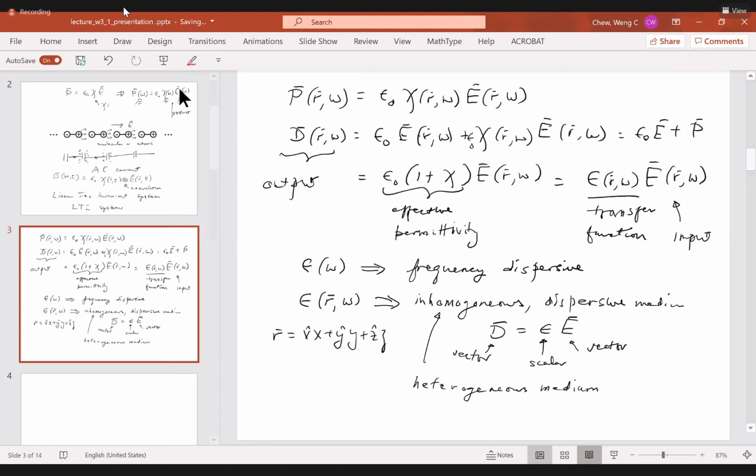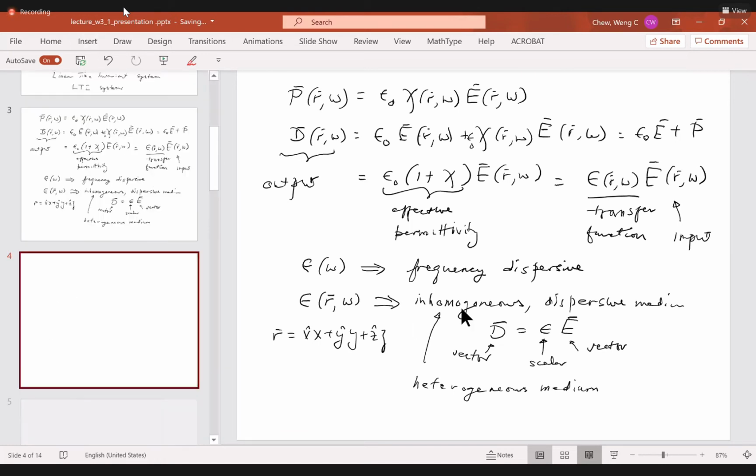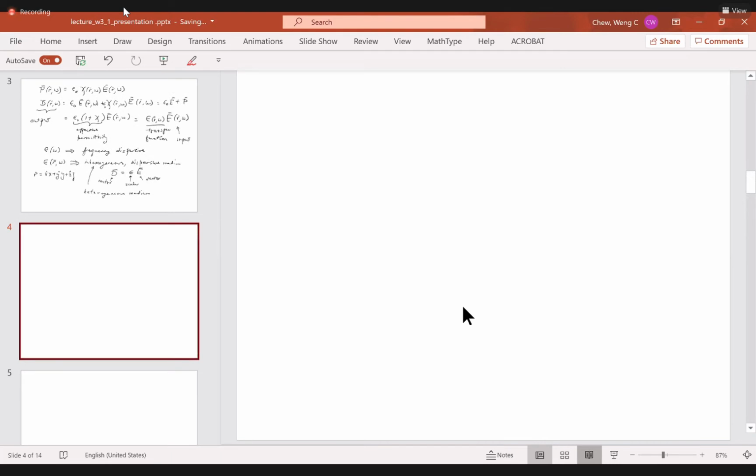As Ivan has pointed out, you can go to the tensor case and say that the relationship does not have to be that simple. The relationship that we had assumed before is that the polarization density is just epsilon naught chi times E. But we can generalize it to the case where the polarization is given by epsilon naught times chi times E, where chi is a tensor.